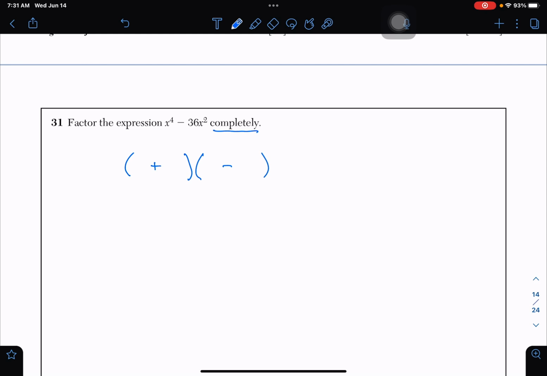So x to the 4th goes to x squared, because x squared times x squared, you add the exponents, it's 4. The square root of 36 is 6, and the square root of x squared is x. Right, so this is x squared minus 6x, and x squared plus 6x.